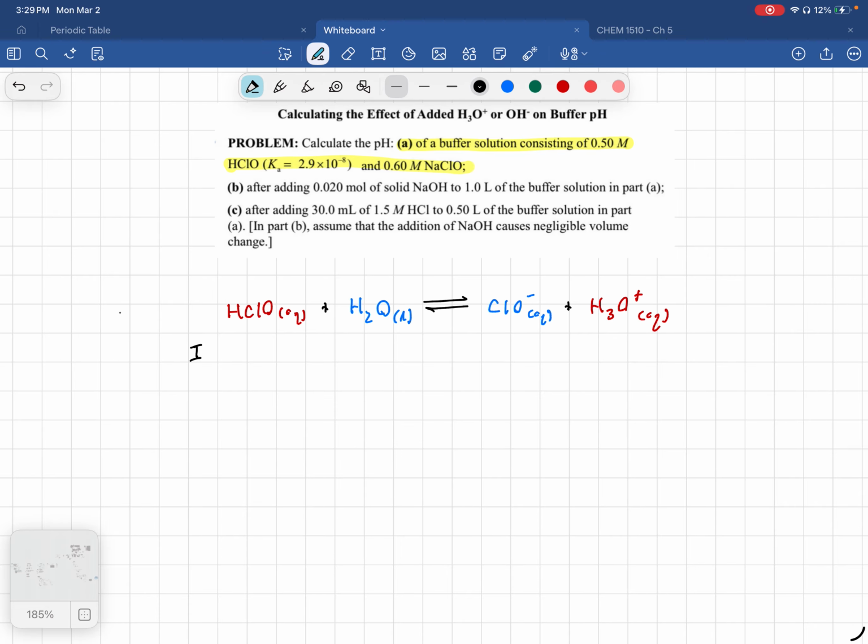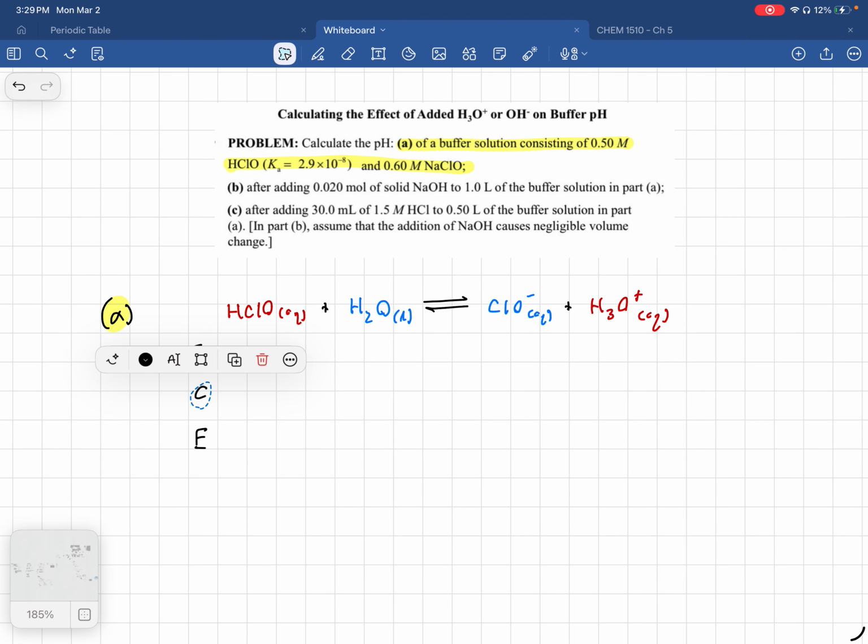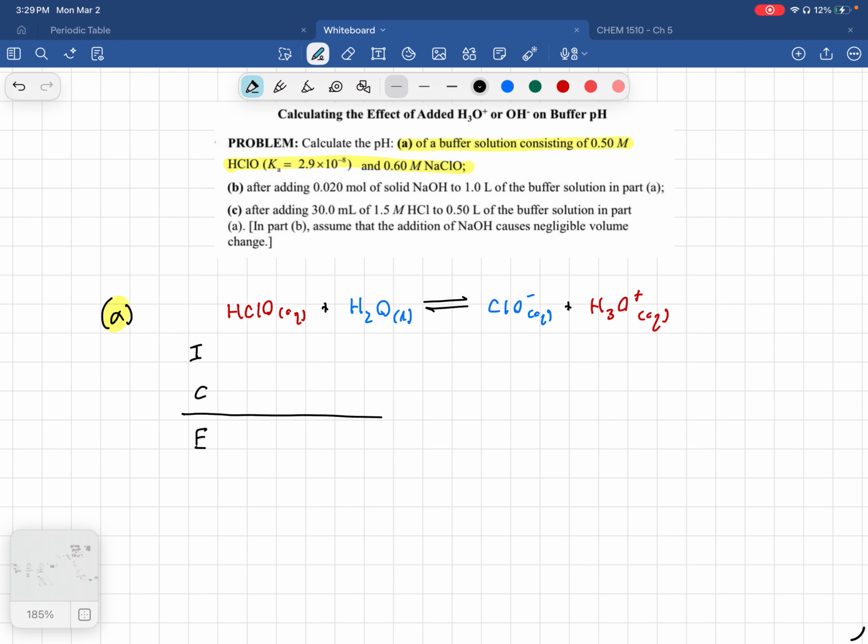So currently we are solving for part A. We're going to do an ICE table as you learned in chapter 18. You could think of it as just doing an ICE table for the pH of an HClO solution. But the main difference is that rather than having 0 moles per liter of the conjugate base, ClO minus, we have a non-zero amount, all right?